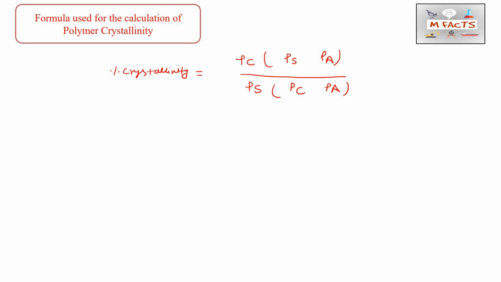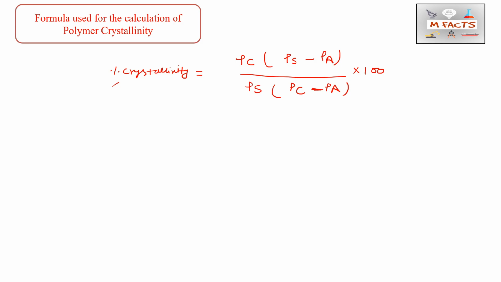Once you learn how to write this formula, you need not learn the formula itself. First, you should understand how to write it. Now I will put one minus sign between these values, and since they ask in percentage, I will multiply by 100.